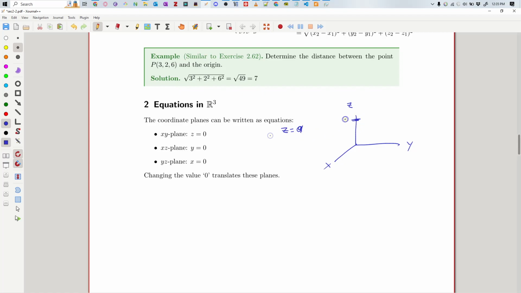This would be the plane that is parallel to the xy plane at the height a. And so I'll use black to color it. It would look something like this, intersecting the z-axis at the point that I have blackened.